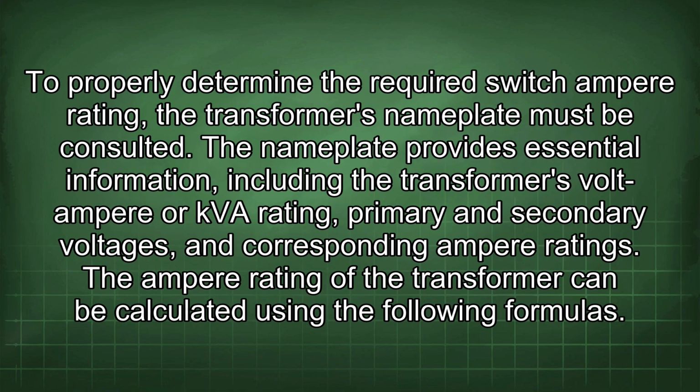To properly determine the required switch ampere rating, the transformer's nameplate must be consulted. The nameplate provides essential information, including the transformer's volt-ampere or kVA rating, primary and secondary voltages, and corresponding ampere ratings. The ampere rating of the transformer can be calculated using the following formulas.